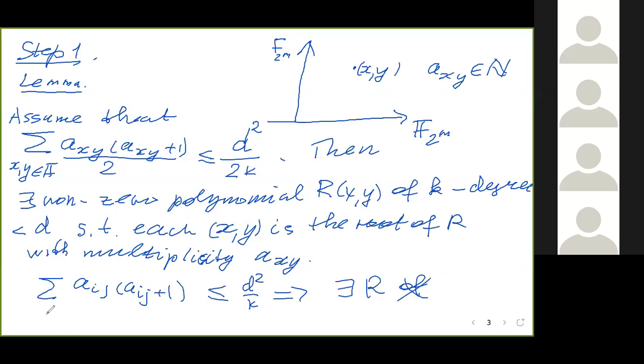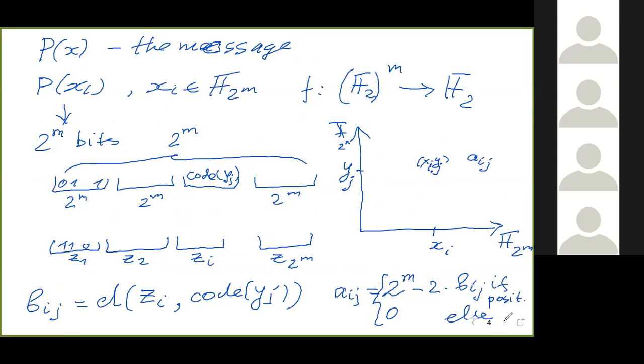So we set d equal to the square root of this sum times k. Recall that k is the degree, k is epsilon 2 to the m, the degree of our message.